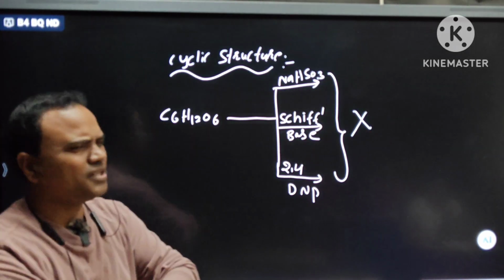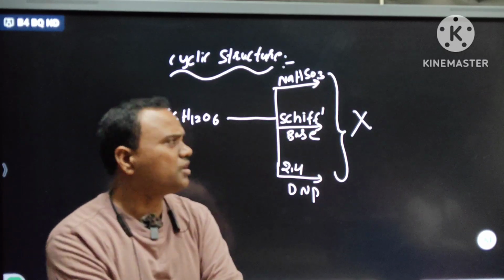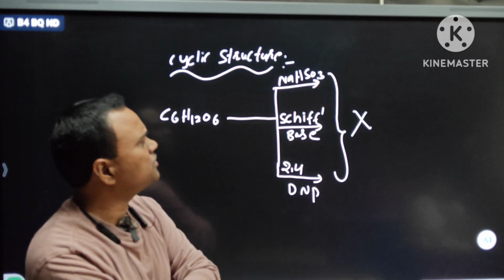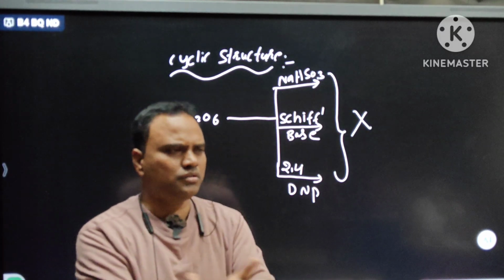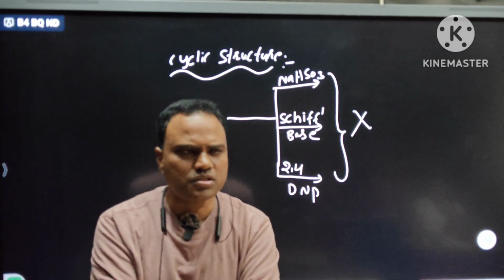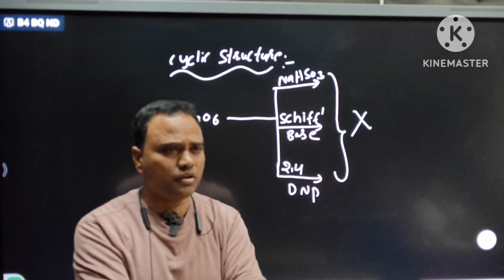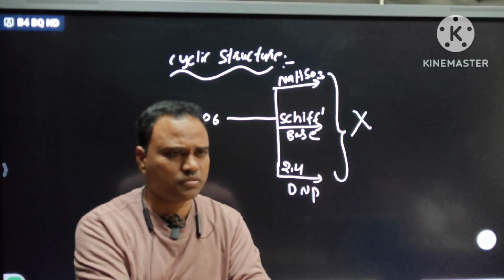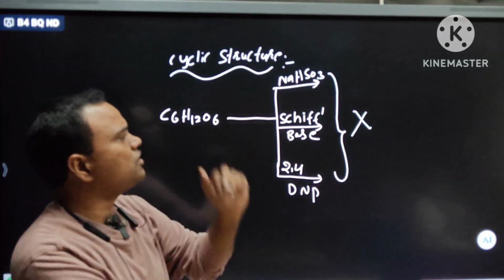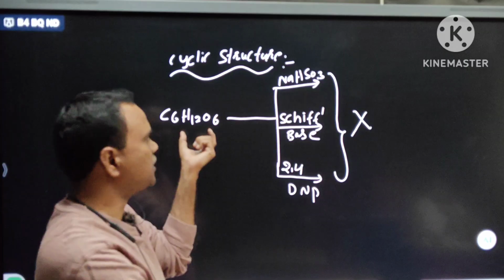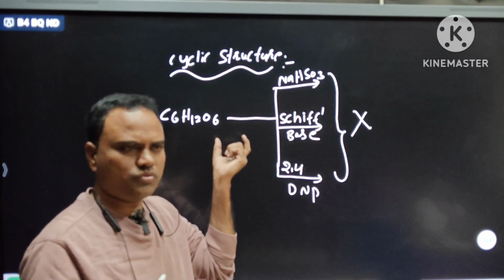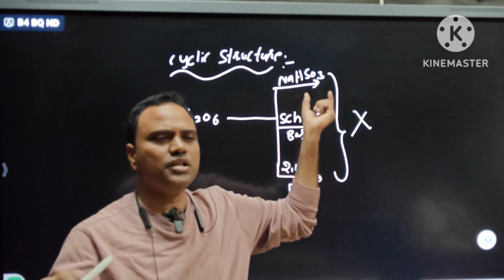See, glucose contains aldehyde, but why is it not giving a reaction with sodium bisulfite? The characteristic property of an aldehyde is nucleophilic addition, right? But why is it not giving? Even though glucose contains a CHO group, it is not reacting with NaHSO3.